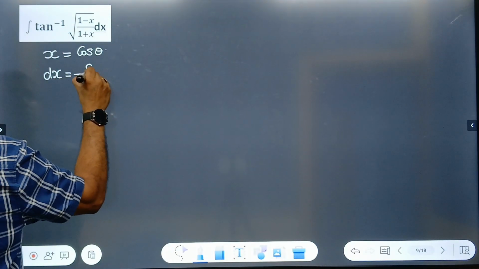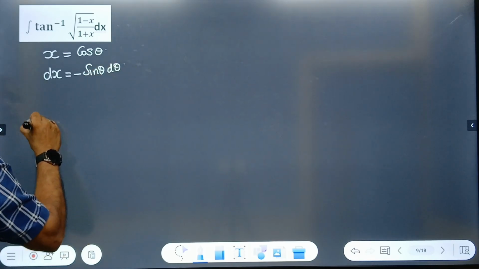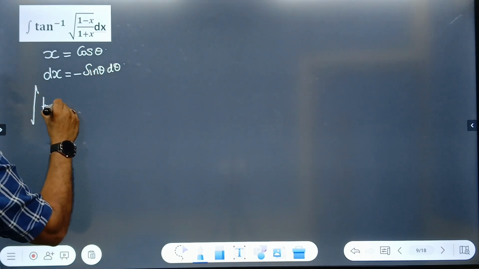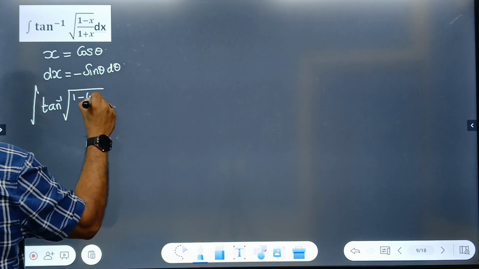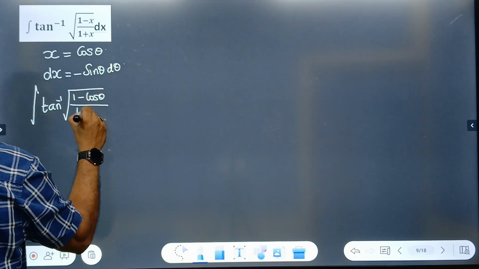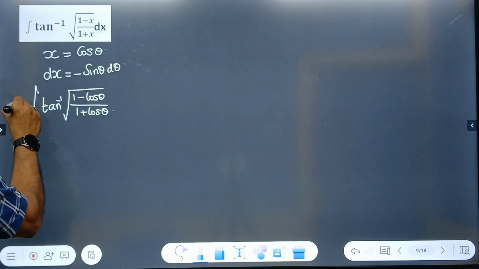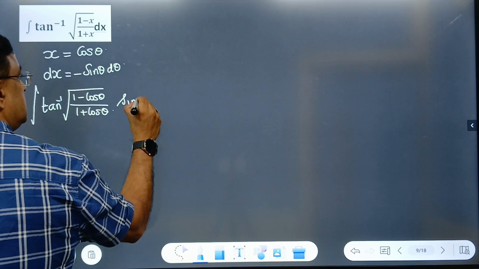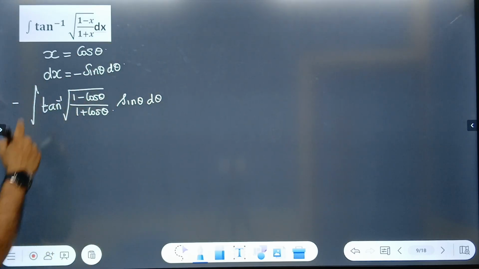Dx is minus sine theta d theta. So I get integral tan inverse of root of 1 minus cos theta by 1 plus cos theta into minus sine theta d theta. Okay, dx is minus sine theta d theta.